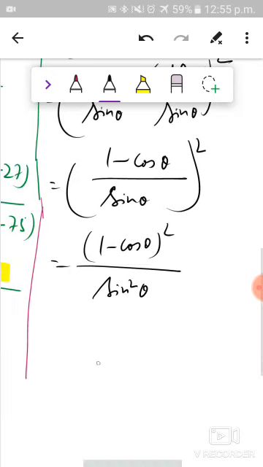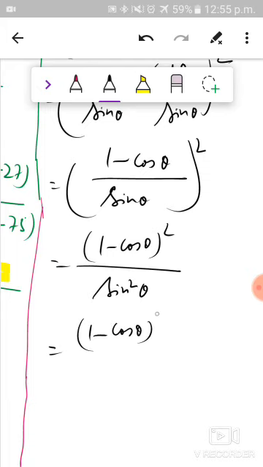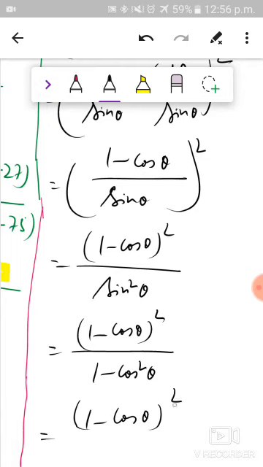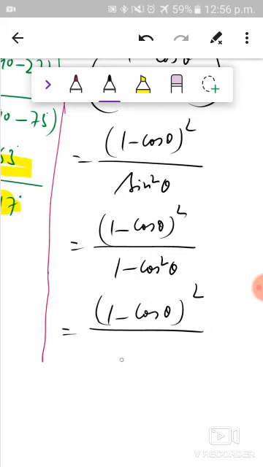And sin² theta, what can I write? (1 minus cos theta) whole square as it is. Sin² theta, what can I write? 1 minus cos² theta, by using the identity sin² theta plus cos² theta equals 1. Then (1 minus cos theta) whole square by (1 minus cos² theta), we can take it as a square minus b square.